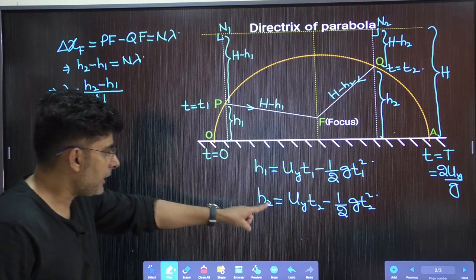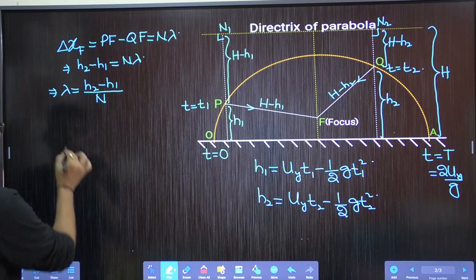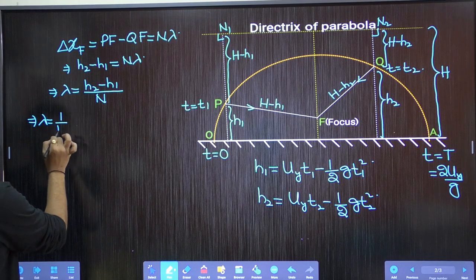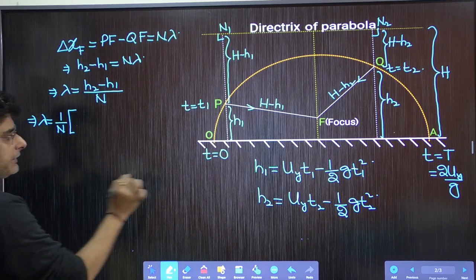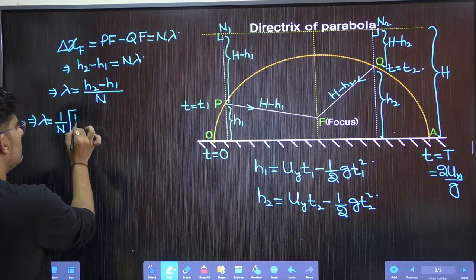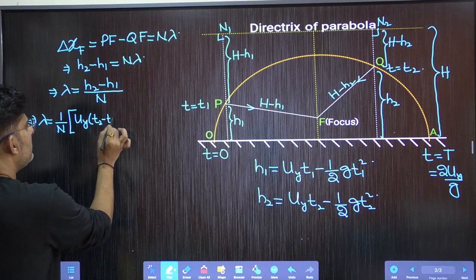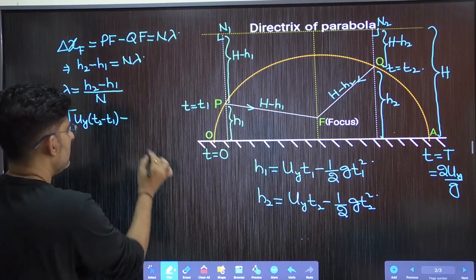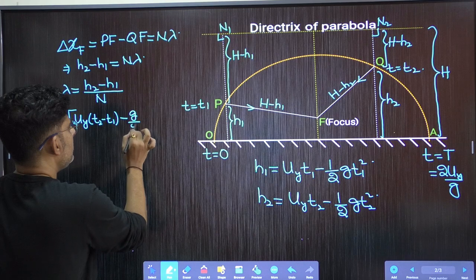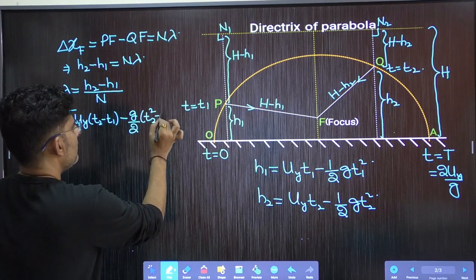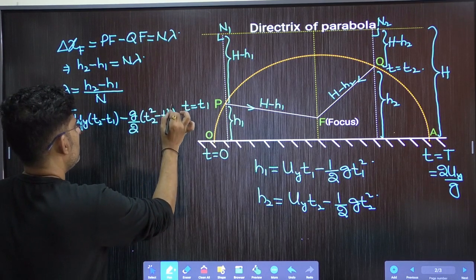If I subtract h2 and h1, what do we get? Lambda is, I can take 1 by n common outside, h2 minus h1, first term uy t2 minus t1, right? And minus g by 2, we get t2 squared minus t1 squared.